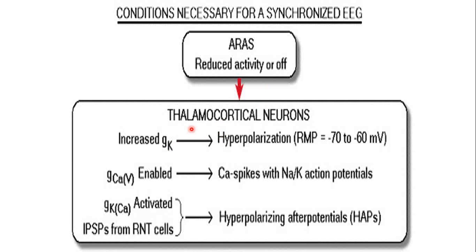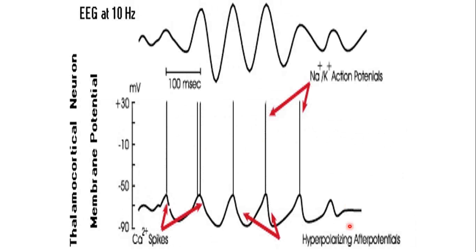So in the thalamocortical neurons, here's what we see. We see an increased GK. What does G stand for? G means conductance, and K is potassium: conductance of potassium. And potassium is always conducted from inside to outside because there's more potassium inside cells than outside cells. When we do that, we get those hyperpolarizations I showed you earlier, these hyperpolarizing potentials.